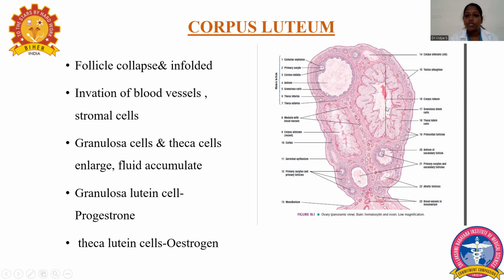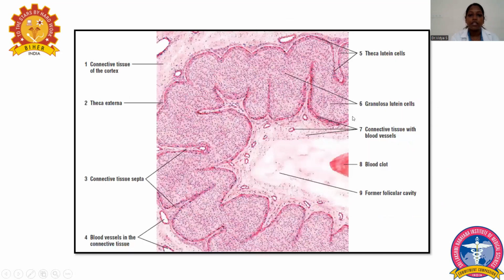The follicles collapse and infold with the blood vessels and the stromal cells. This is the histology picture of the corpus luteum in detail. You can see the theca lutein cells here, and the granulosa lutein cells.